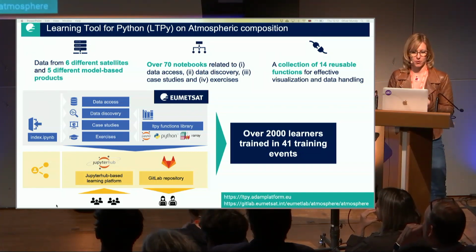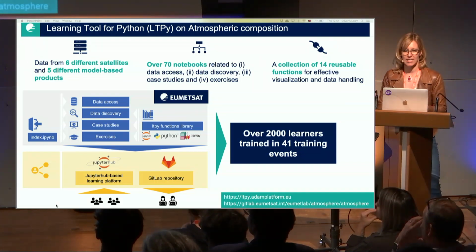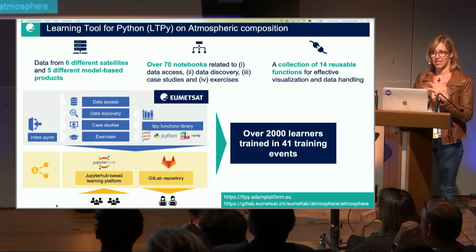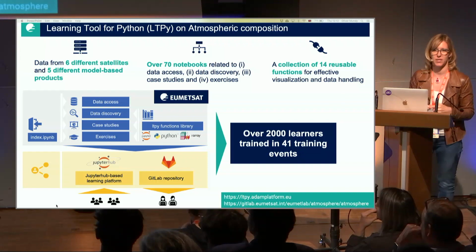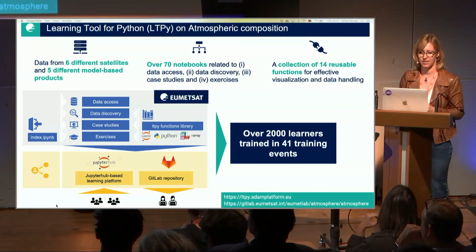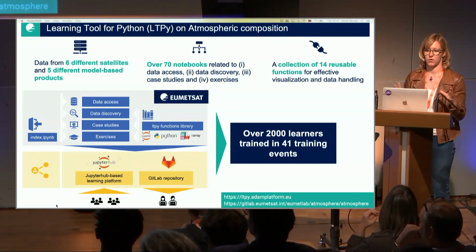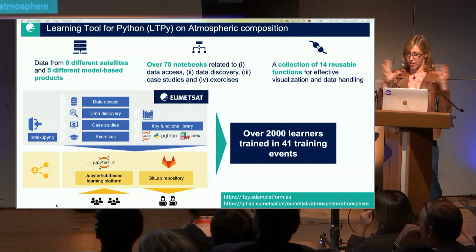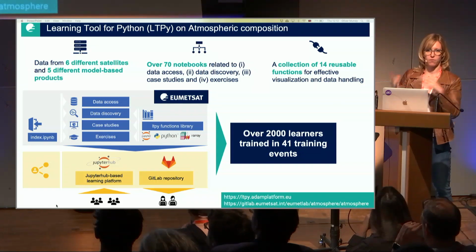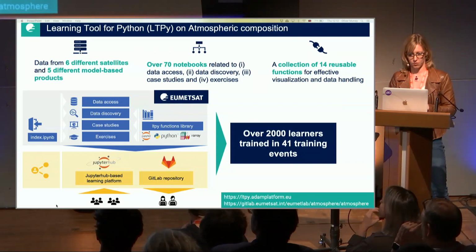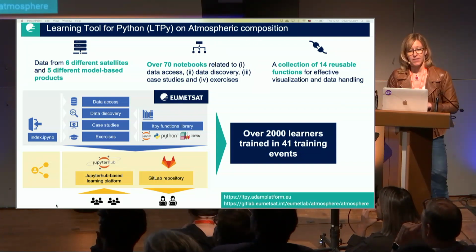So we have to showcase different systems, how to access the data, how to discover data, and how they are structured, because they often come in different data formats and also different data arrangements. We also have to showcase how the data can be handled, and then also case studies, what the data can actually be used for, and also exercises.